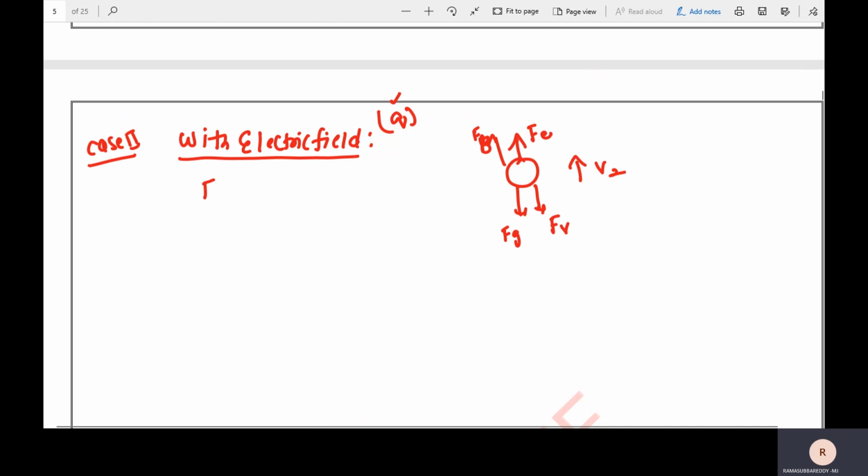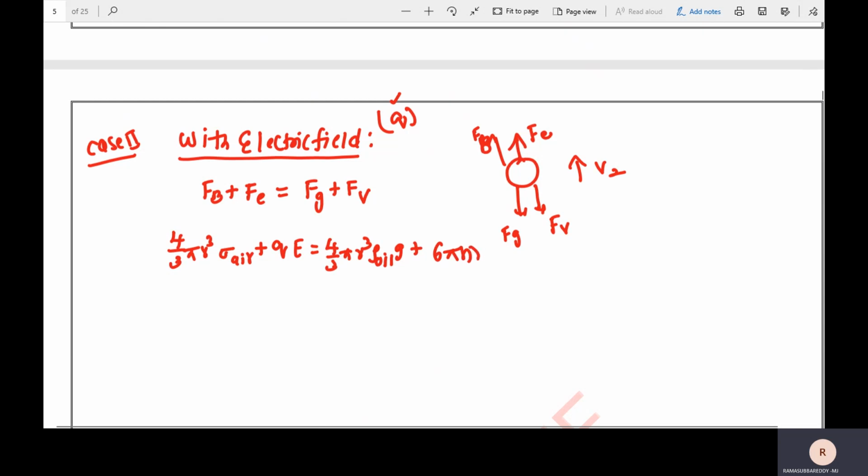Then buoyancy force plus electric force is equal to gravitational force plus viscous force. The buoyancy force is 4 by 3 pi r cube density of air g, plus electric force Q into E, is equal to gravitational force m into g, which again we can write as 4 by 3 pi r cube density of oil into g, plus viscous force 6 pi eta r v2.